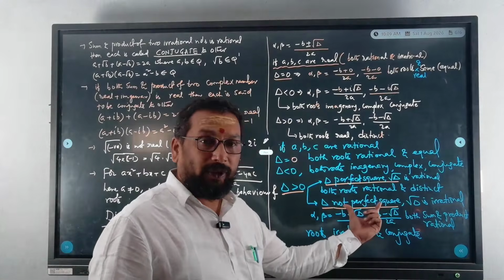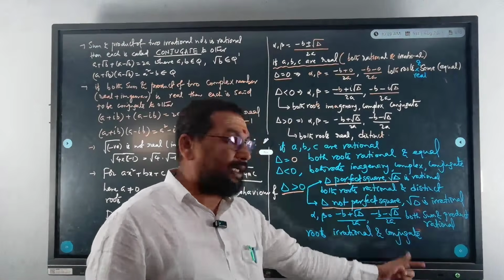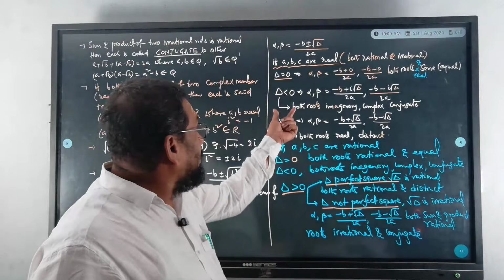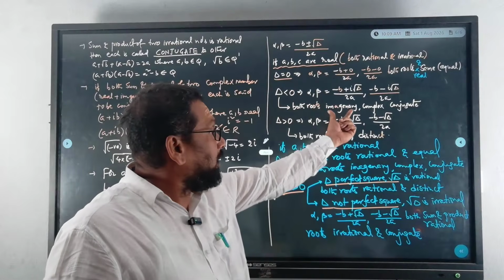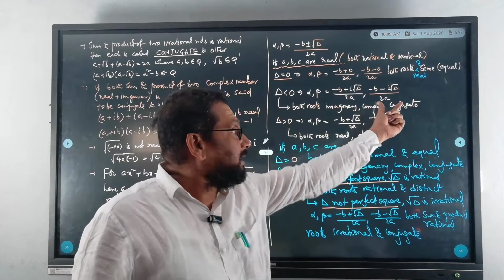If delta is not a perfect square, both roots are irrational and conjugate. If delta less than 0, both roots are not real, imaginary complex conjugate.